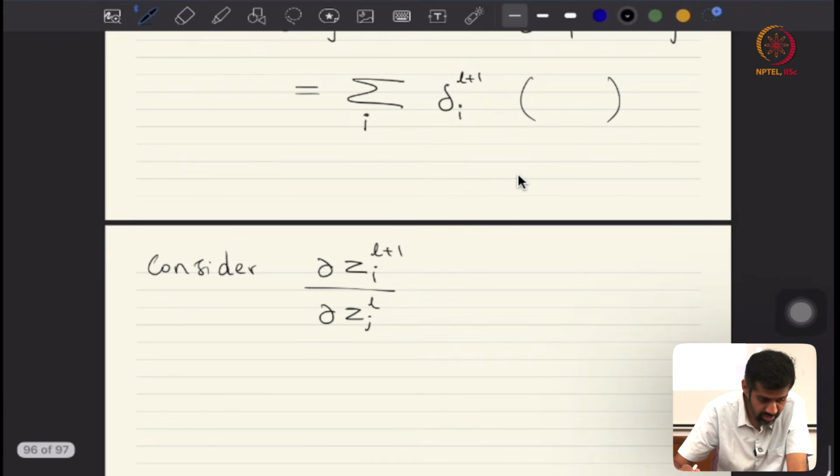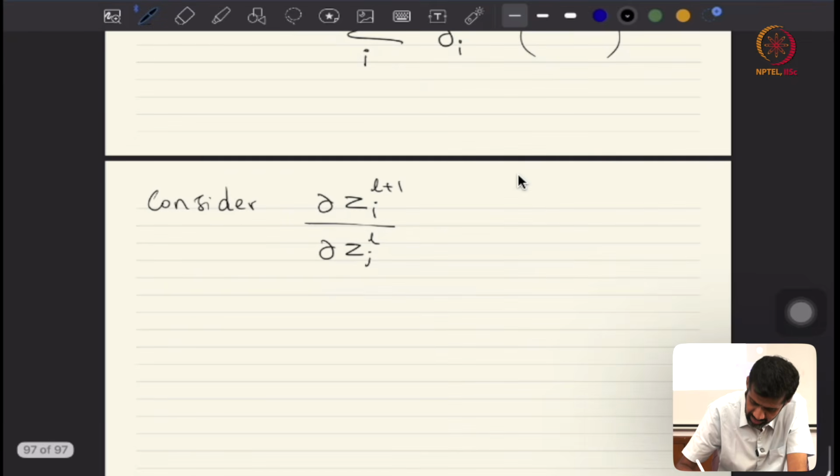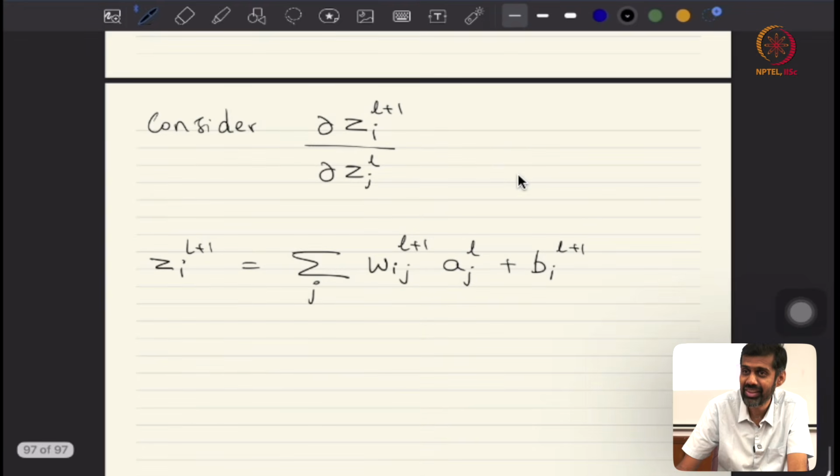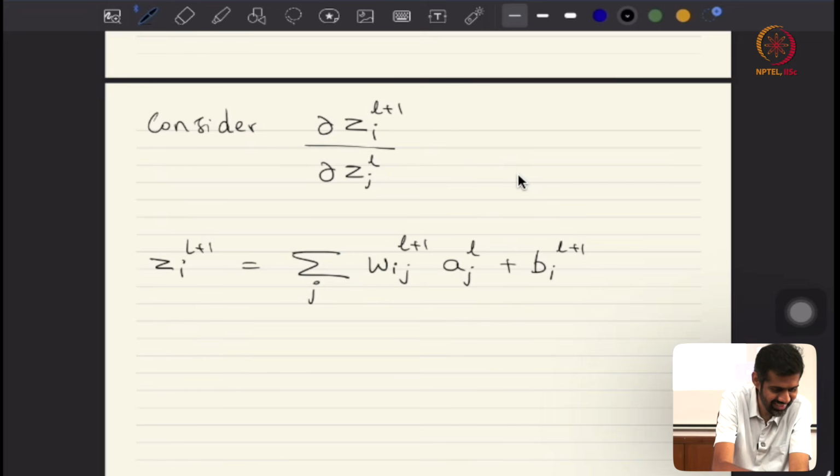To do this, we will have to write Z_i^(L+1) is given by summation over j of W_ij A_j^L plus B_i^(L+1). So we wrote all this very carefully last night, so that the indices should not be mistaken.